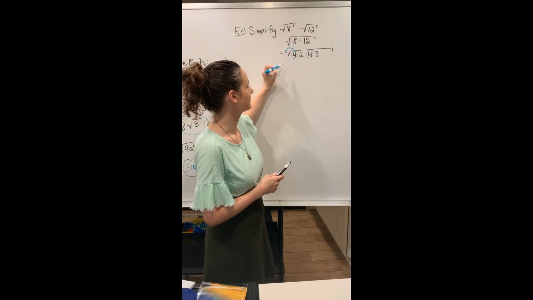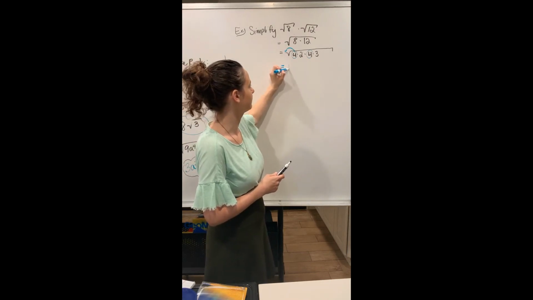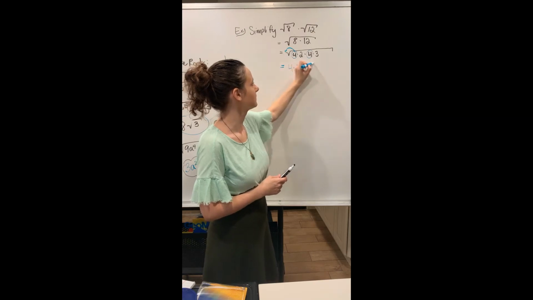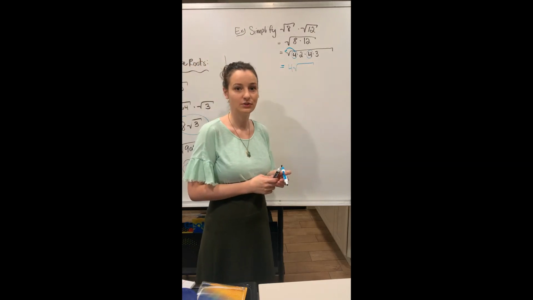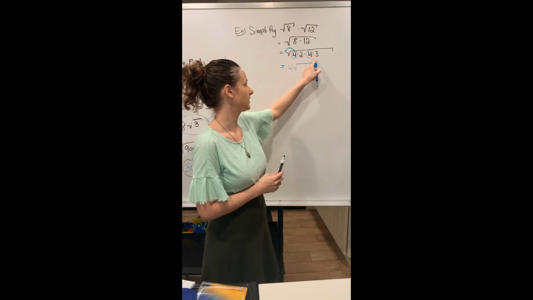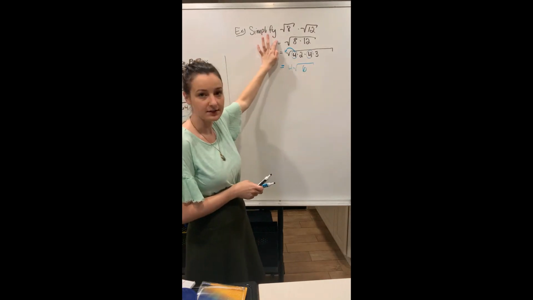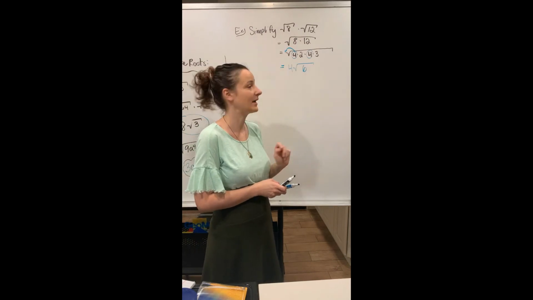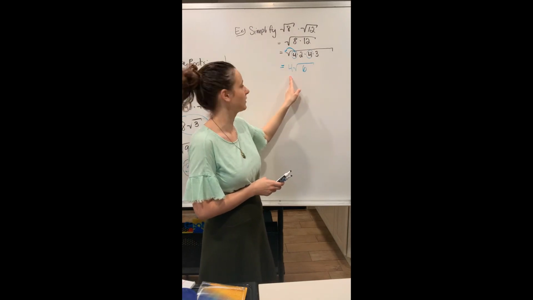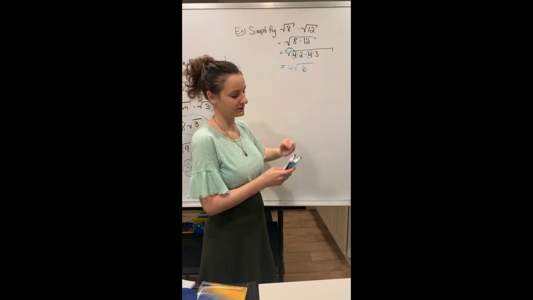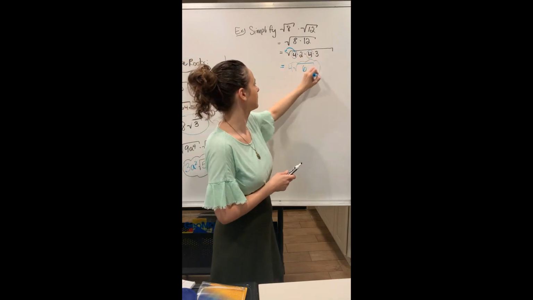So I can take out that 4. So this now becomes 4 square roots. Well, what do I have left? 2 times 3. And 2 times 3 is 6. So we have now simplified the square root of 8 times the square root of 12, written in radical form, in the simplest form, is going to be 4 square roots of 6. And that is our answer.